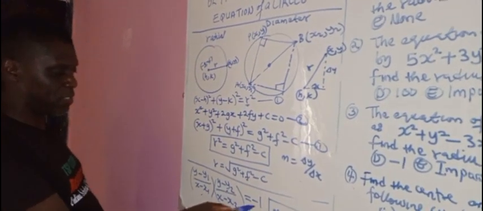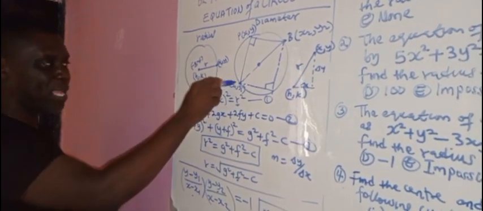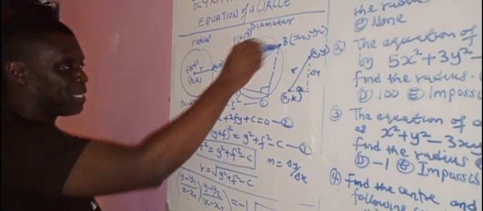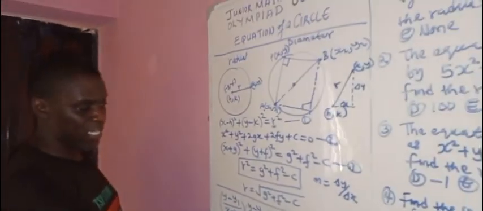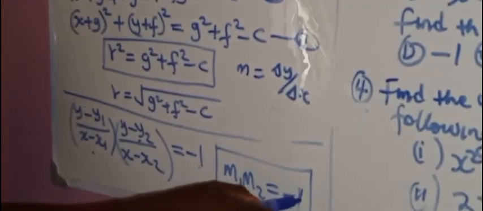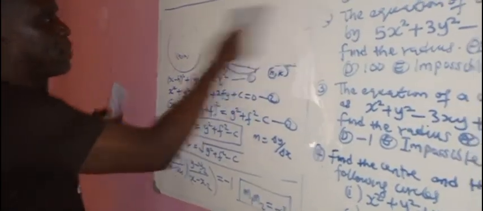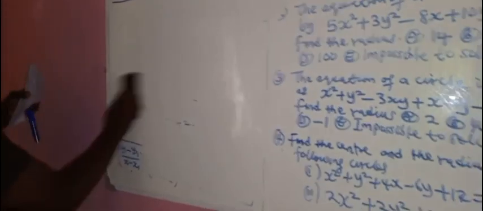So the two gradients give us minus 1, provided you are given the two ends of the diameter, A and B. You project it, the two projections meet at 90 degrees, and there's a relationship for that. Gradient 1 times gradient 2 equals to minus 1. Alright, so that is all that I need to explain there. Now, take note of that. You can have a review of that at your convenience.